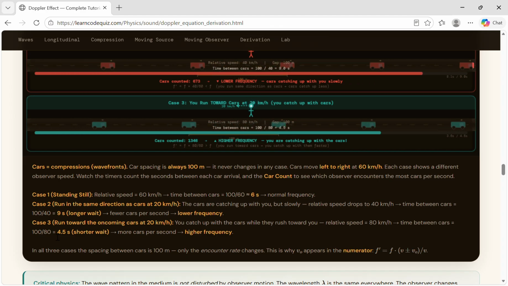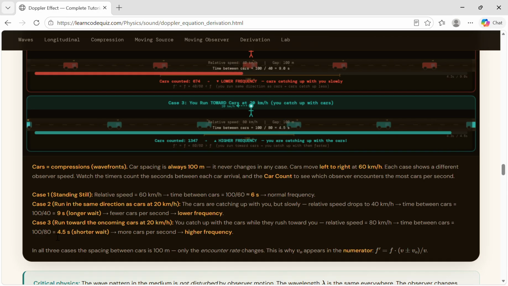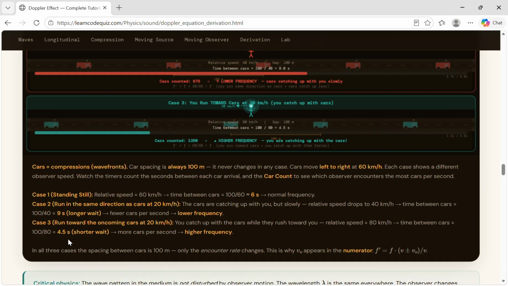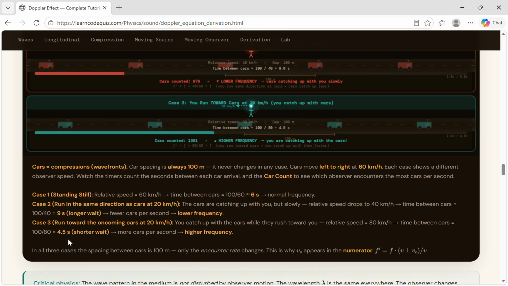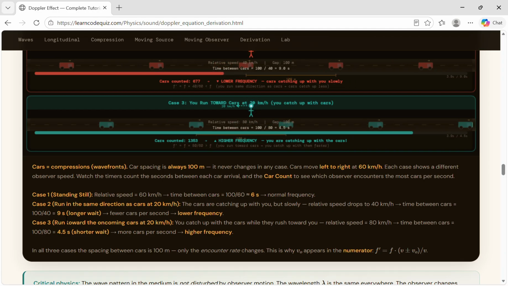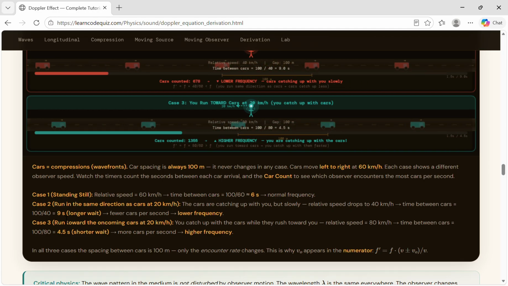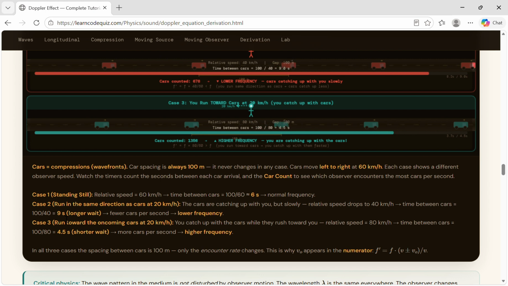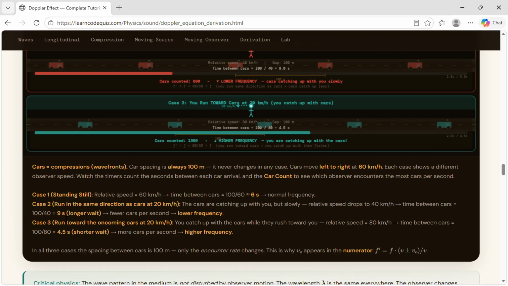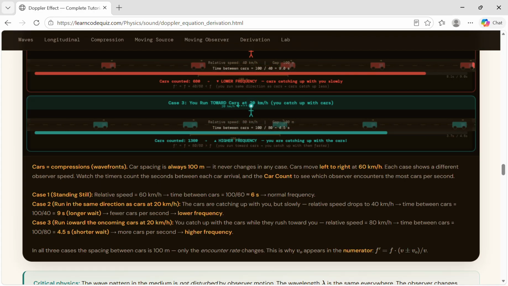That's a relative velocity. Then the time taken to see a car is getting shortened. Similarly, if you are moving at 20 km per hour away from the direction of the cars, then the time taken to see a car will get longer.